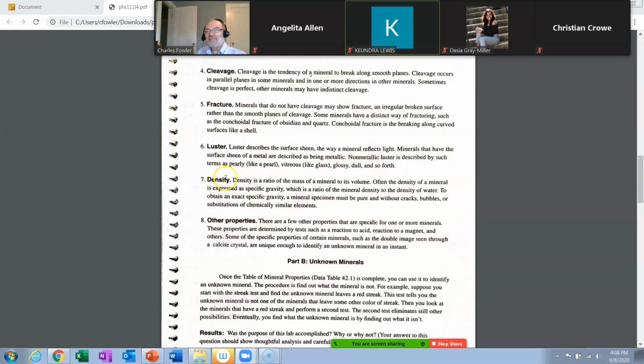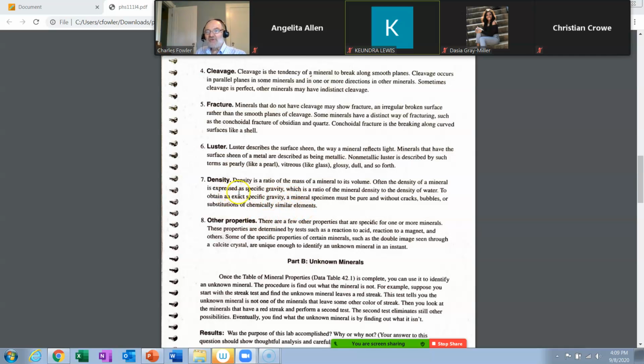This, to me, is the most important mineral property, density. That really distinguishes one mineral from another mineral. And yet, what you're going to see is they don't include density, so we're going to put it in there. Mass per unit volume. That is a very specific measure.